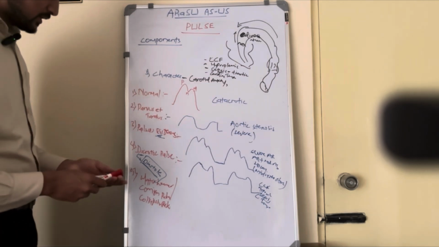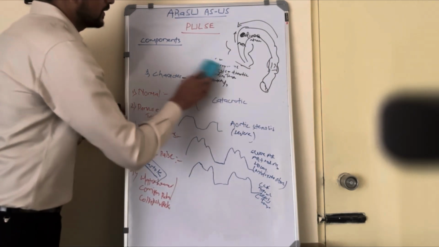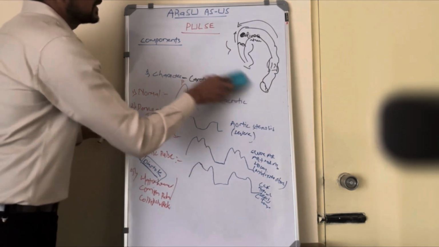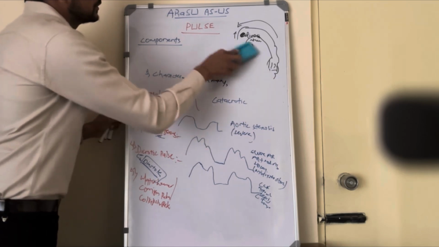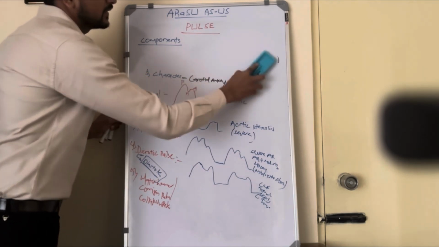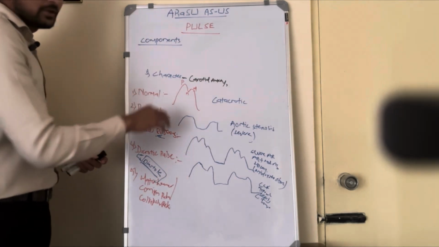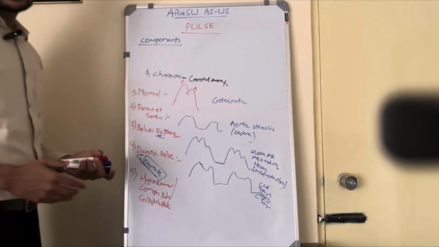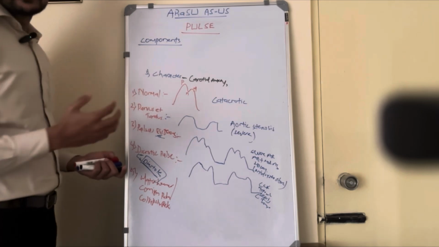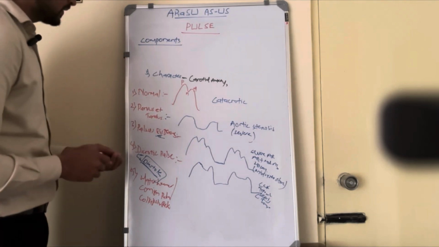So here, in the water hammer pulse, when we feel for the character, we will be able to make out a percussion wave and there will be a fall. This percussion wave will be more than usual in amplitude. So it will be like this.